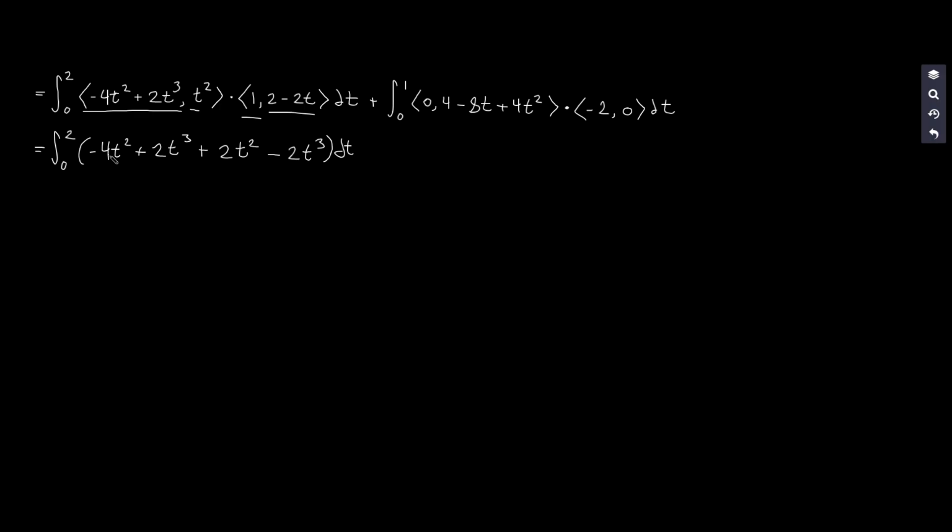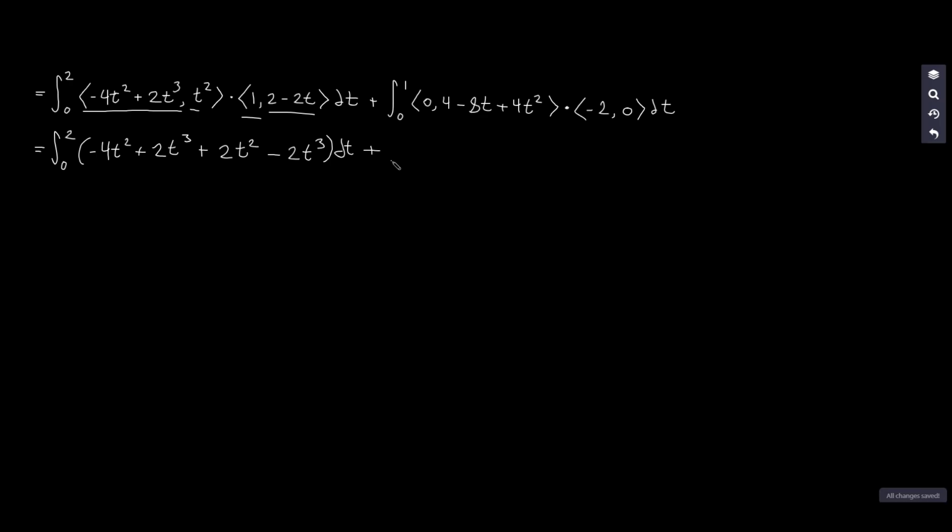What is this? 4 minus t squared plus 2t cubed plus 2t squared minus 2t cubed. Integration with respect to t.